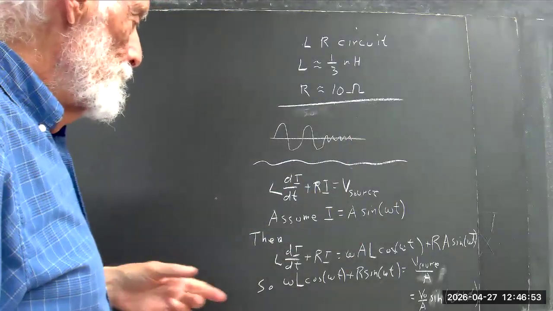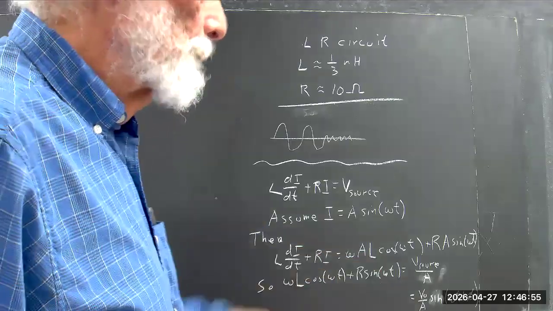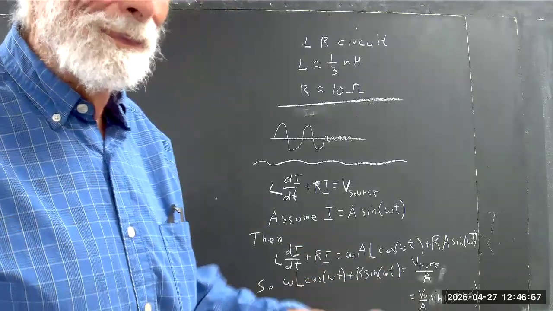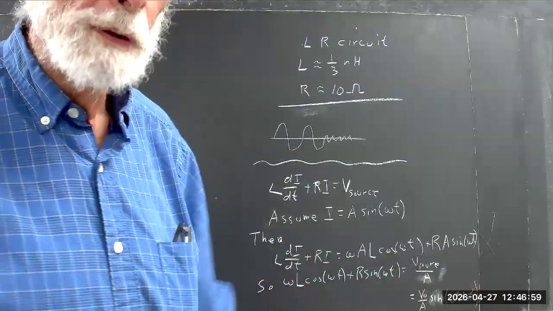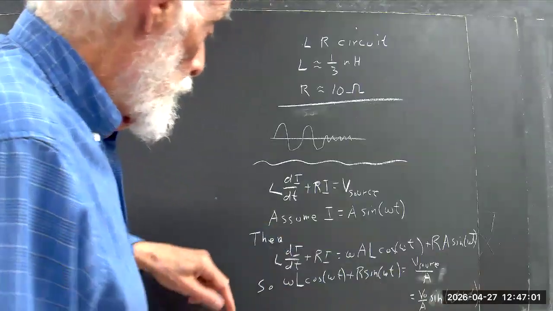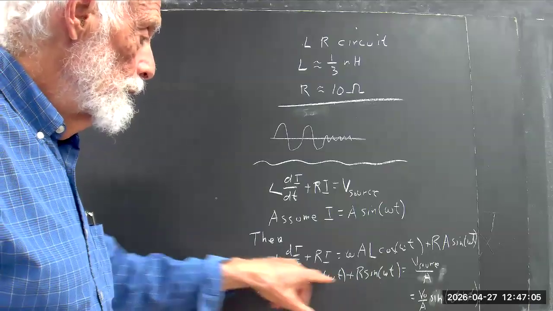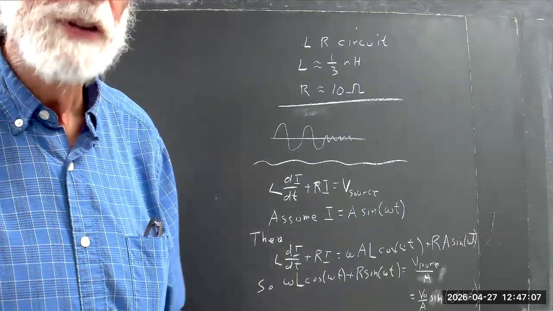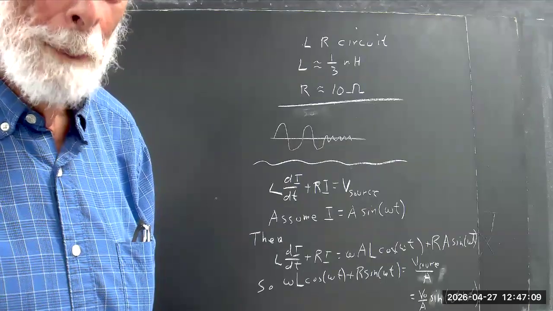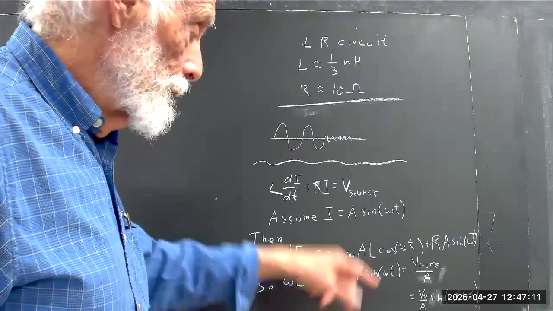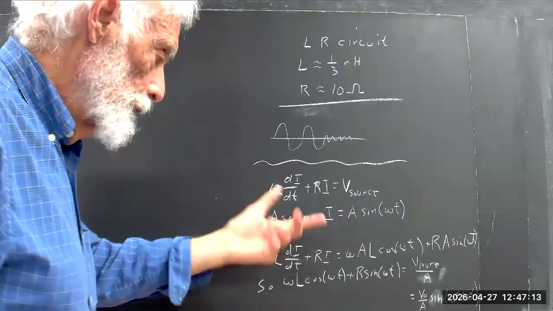I could call it I naught sine of omega t, probably should have. Now, a couple things. Cosine omega t and sine omega t are just numbers. Their values change with angular frequency omega and so forth as time changes. Omega L and R have to have the same units. I'm not going to get into detail on the units. You can work that out. It's easy.